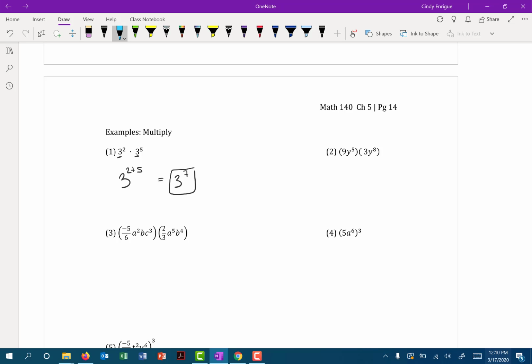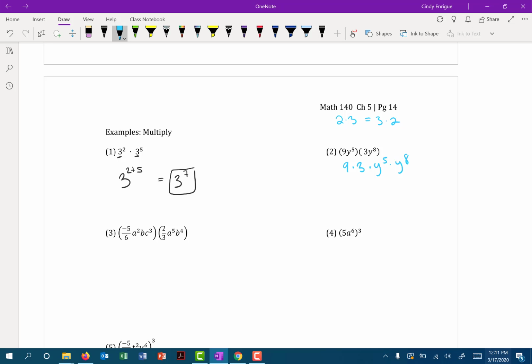For number 2, everything is being multiplied. And in multiplication, order does not matter. For example, 2 times 3 is the same as 3 times 2. So in multiplication, it's commutative, meaning the order doesn't matter. So I'm going to rewrite this. I'm going to write this as 9 times 3, y to the 5th, times y to the 8th.